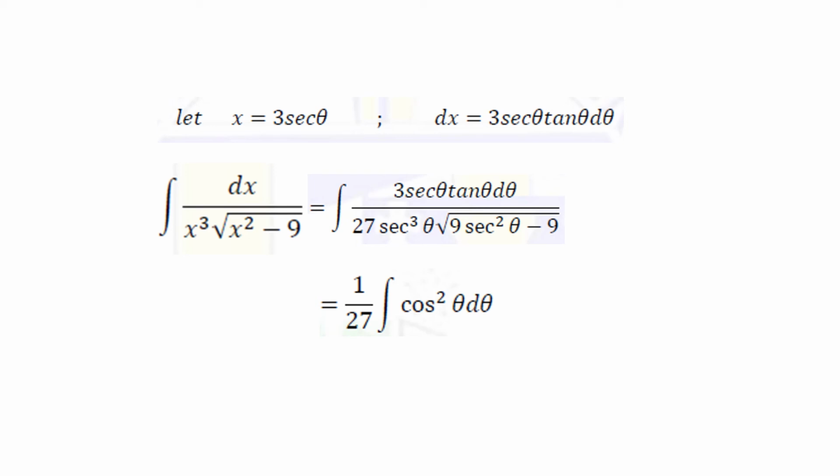Applying the transformation, the answer in terms of theta is 1 over 54 theta plus 1 all over 108 times the sine of 2 theta plus c.